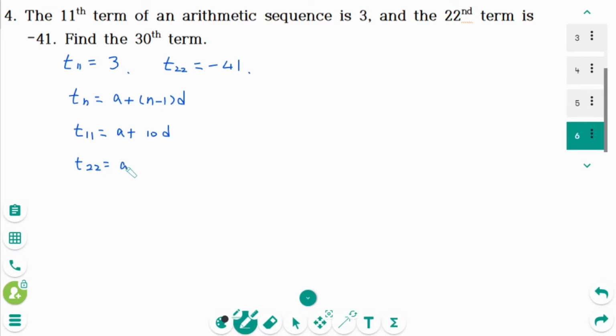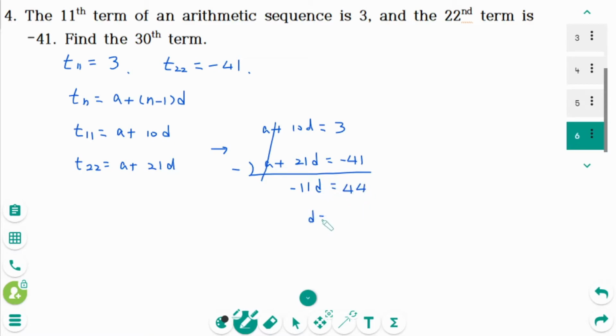T22 equals a plus 22 minus 1, which is 21d. Then a plus 10d equals 3. A plus 21d equals minus 41. Then subtract, cancel, minus 11d equals 44. Then d equals minus 4.